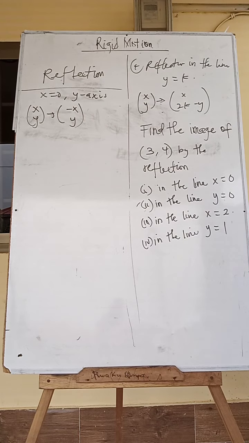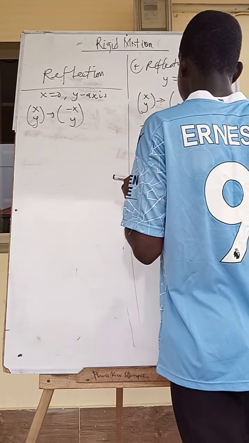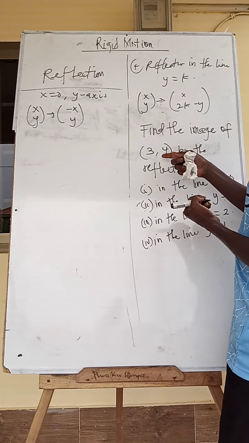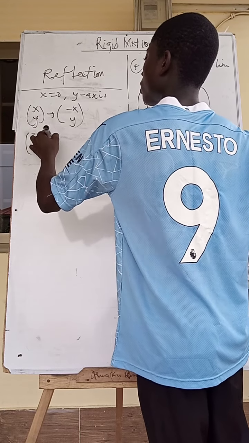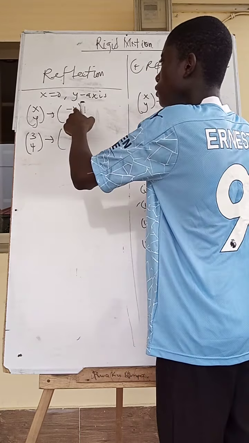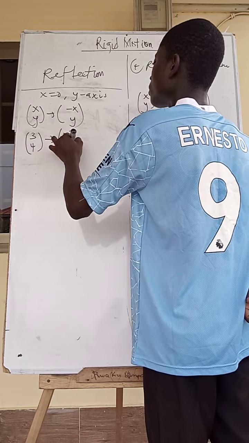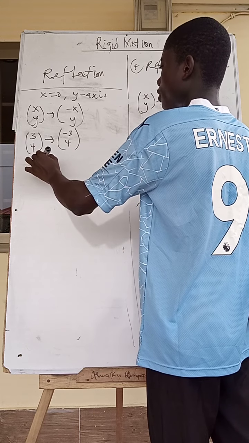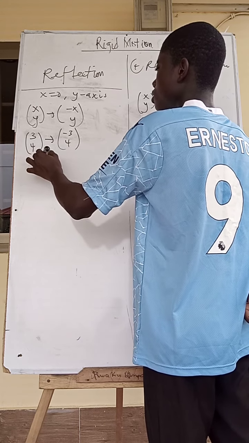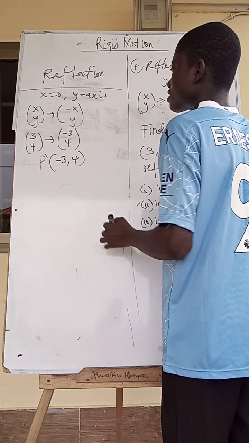Simple as that. We are taking the point (3, 4). So 3 and 4 will now change to what? Look at x. We are just negating x and maintaining y. Let's say the point is P. So the image of this point is (-3, 4). That is the first one.